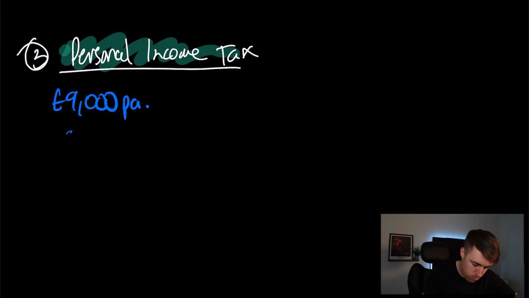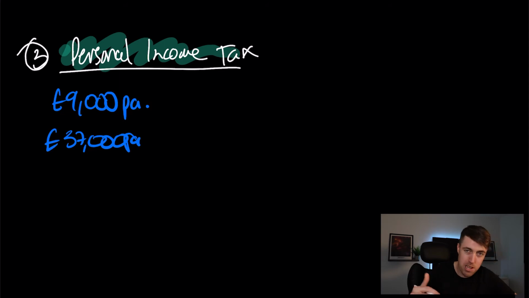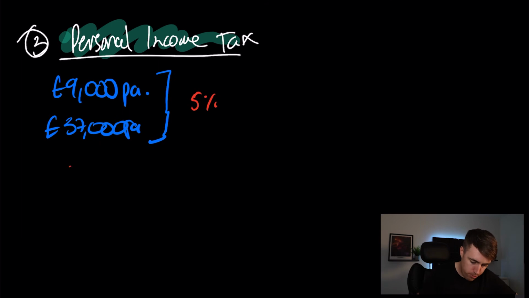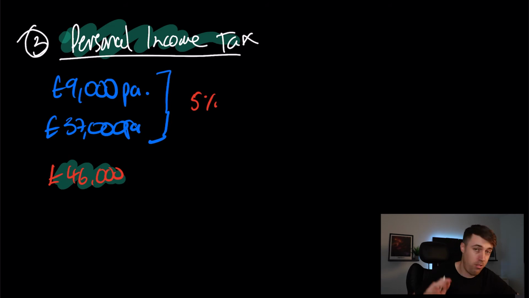It roughly works out, at the moment at time of recording, around £37,000 per year, including that first tax-free amount and also the next tier of low tax dividend amount, which means that all inclusive, if you include both of those amounts together, you can end up paying around 5% income tax on that amount for a salary in the region of £46,000 a year, which is a pretty good salary. If you're at a point where you want to take more money than this out of the business, firstly, well done to you.